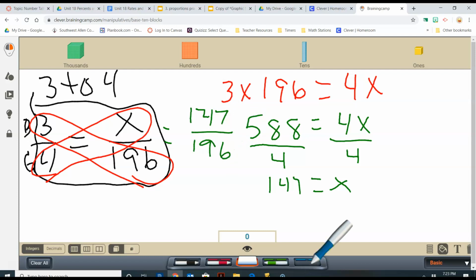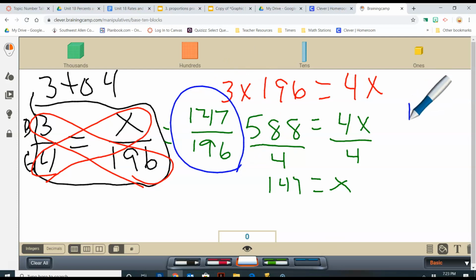We now have enough information to answer how many students are in the entire class. 147 for boys plus 196 for girls.